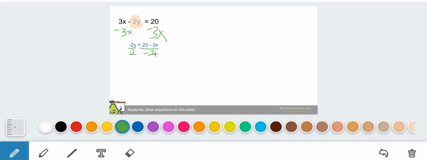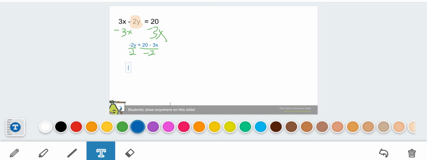Now, because we use graphing calculators and graphing websites, you can leave it like this because you could put this into a graphing calculator. But again, I'm going to show you. So y is equal to 20 minus 3x divided by negative 2, right?